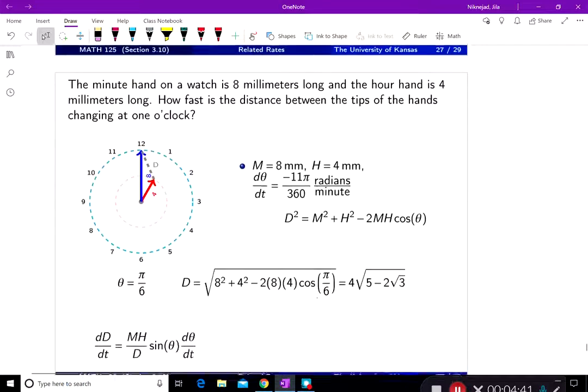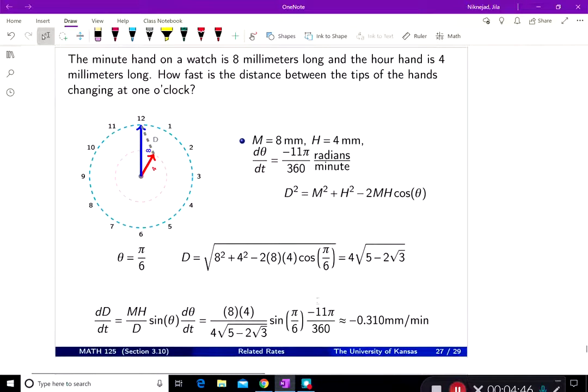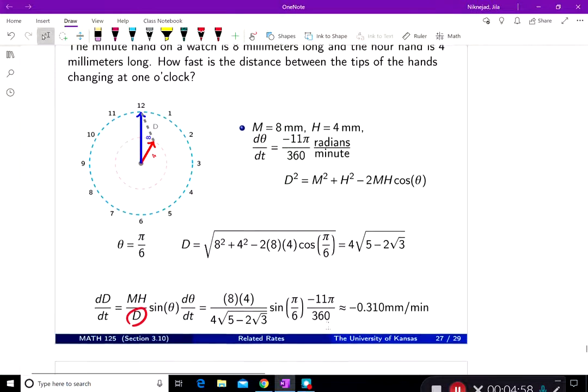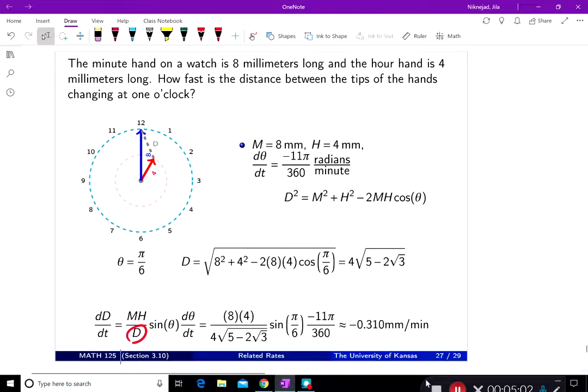Then we plug it back into the derivative and compute it. So d over here needs to be computed, sine of pi over 6 needs to be computed, and we already found d theta/dt. And that ends this question.